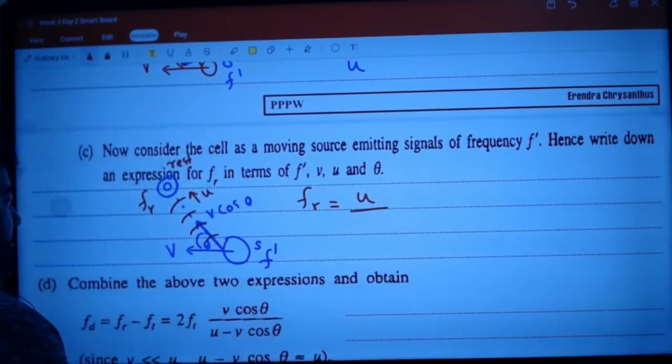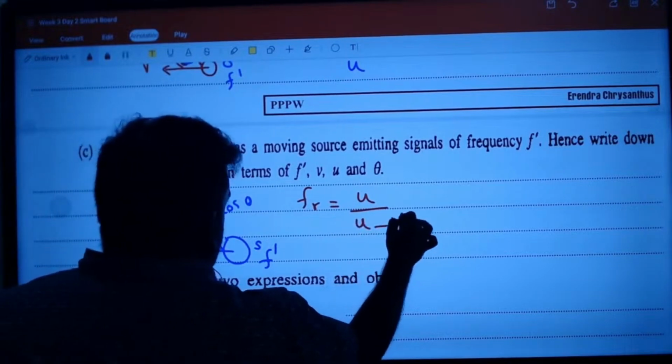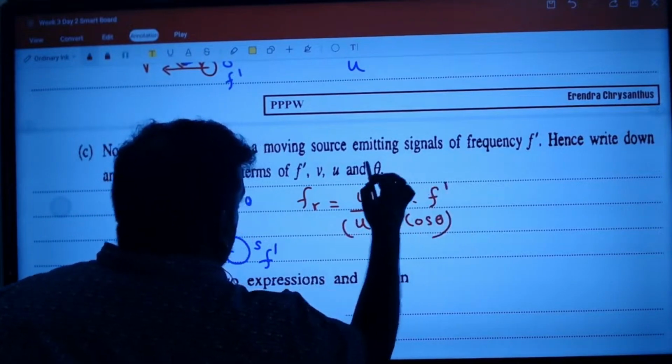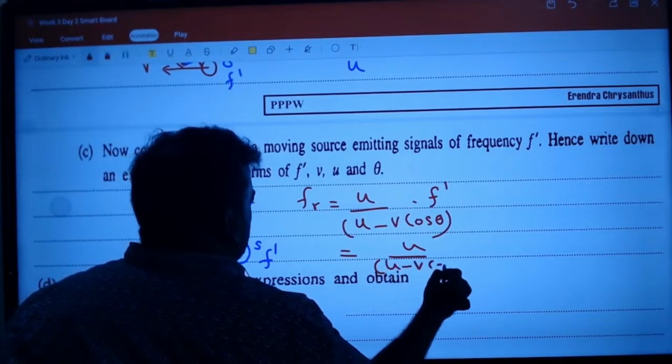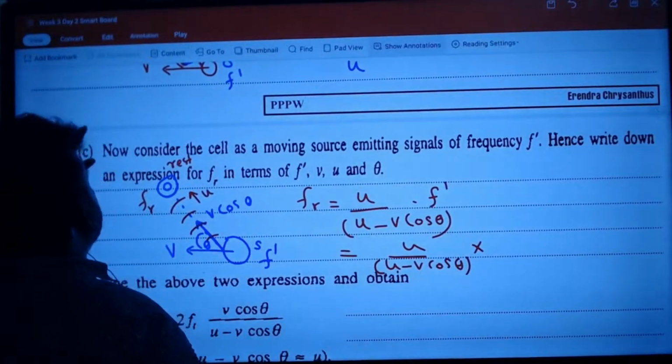Velocity of sound with respect to the source: make the source stationary, u minus V cos theta. So f received is u divided by u minus V cos theta into f dash.